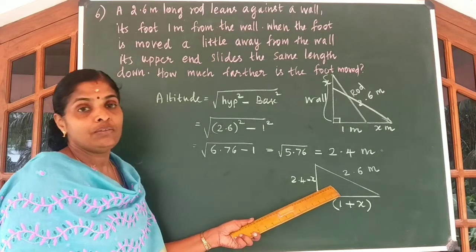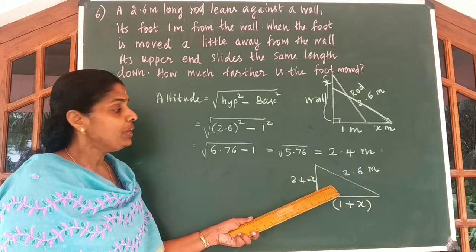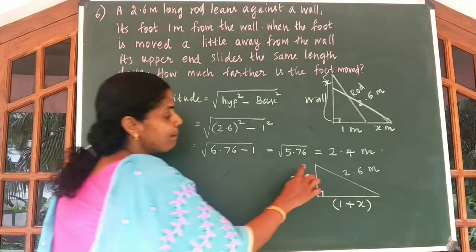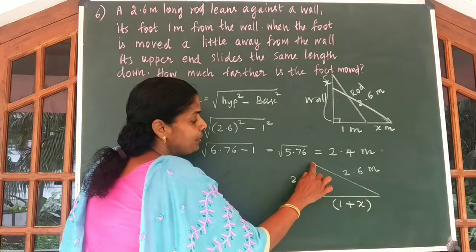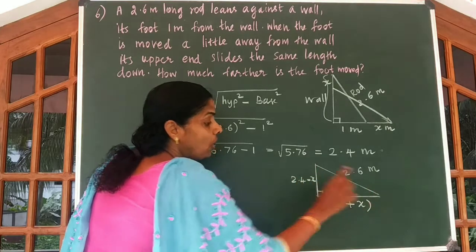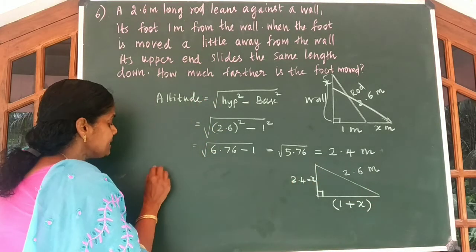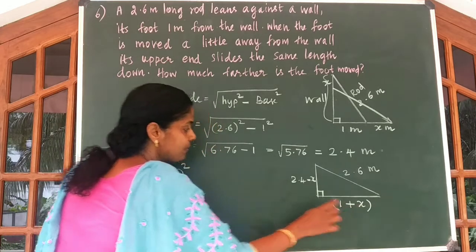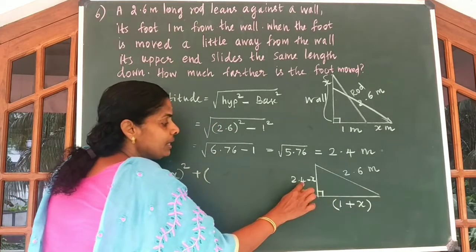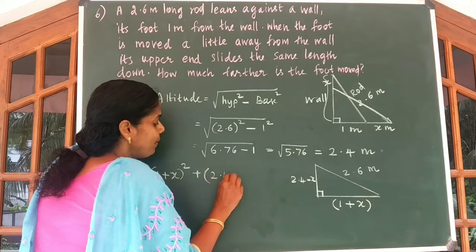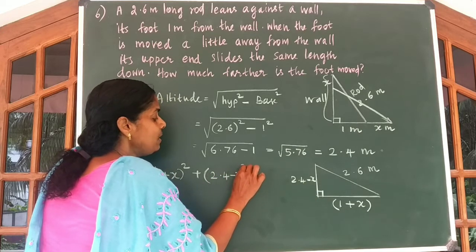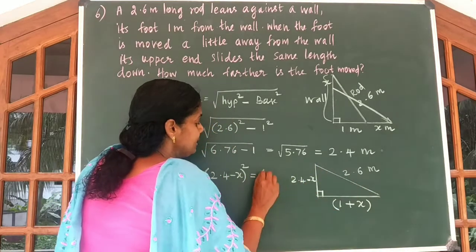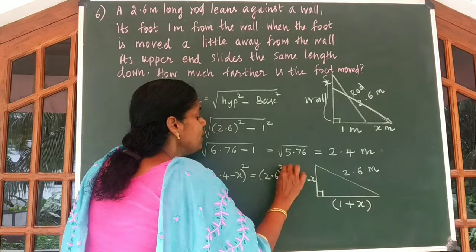Now here again we can use Pythagoras theorem to get the value of x. So we can write hypotenuse square is equal to base square plus altitude square. So we get 1 plus x the whole square, that is base square, plus this is the height, 2.4 minus x the whole square is equal to hypotenuse square, that is 2.6 the whole square.